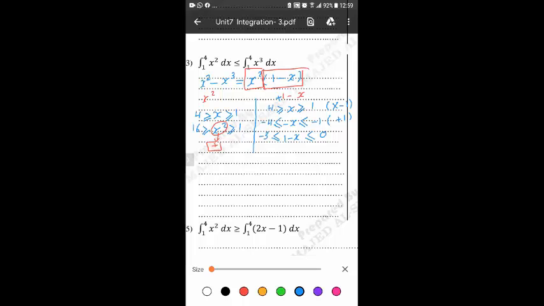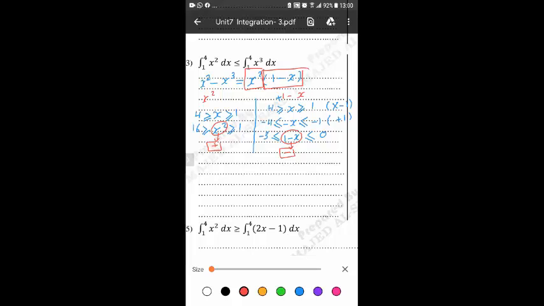So as you can see, the function 1 minus x is always negative. Why negative? Because it is between negative 3 and 0. It is less than 0 and more than negative 3. So it is in the negative side of the number line.